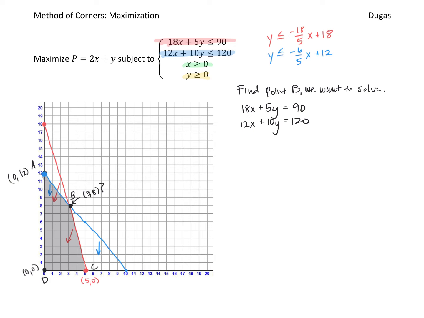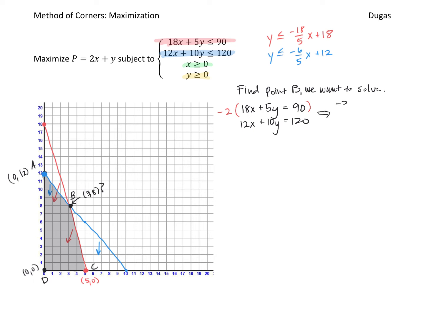To do that, remember we had the elimination method, and if you don't remember this, go back and rewatch a video about how to solve a system of equations. We want to eliminate one of the variables, and I'm going to look at the y. So if I multiply the top equation by a -2, that will give me a -10y, which will cancel out with the 10y in the equation below.